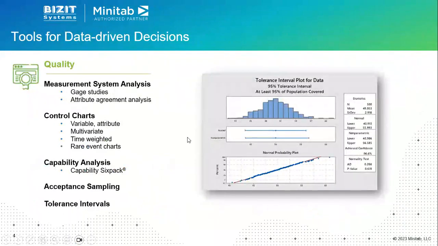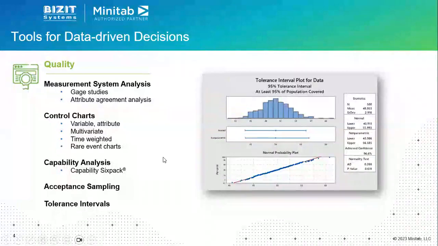Okay, so here are some of the tools available in Minitab statistical software. For those who have followed our webinars since January, we have already covered measurement system analysis, control charts, and capability analysis.